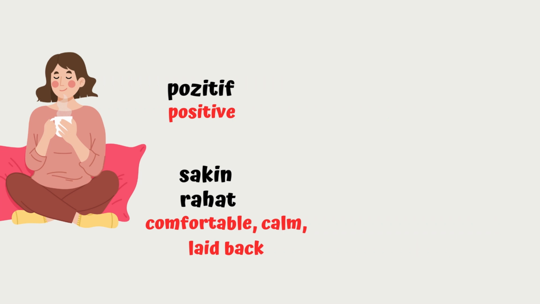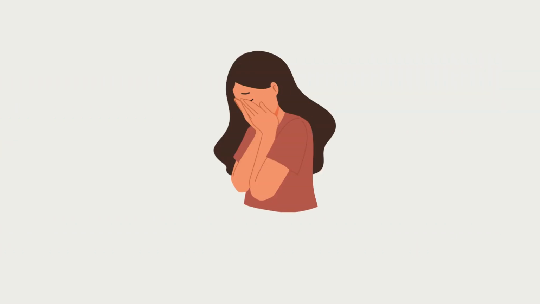Okay, let's take a look at this next picture. So we can use 3 adjectives for this picture. Do you remember them? And they are kötü, üzgün, depresif.